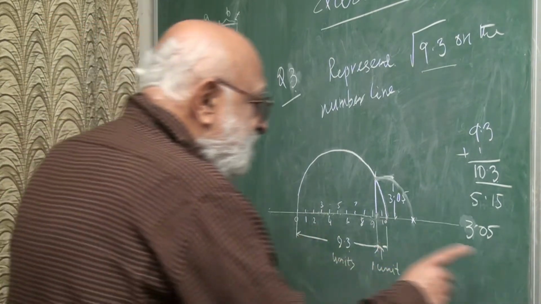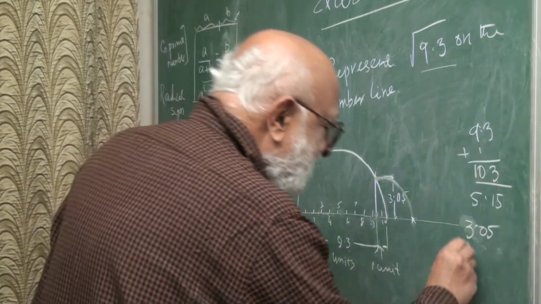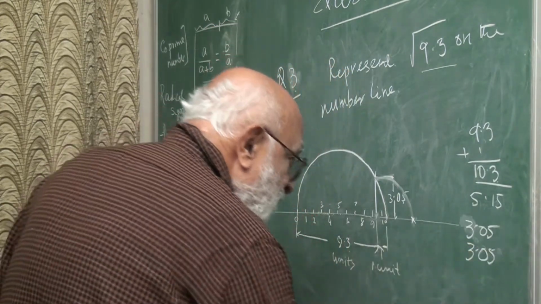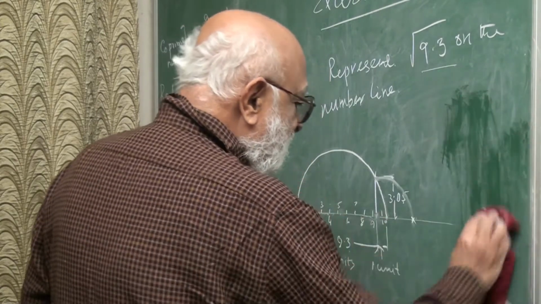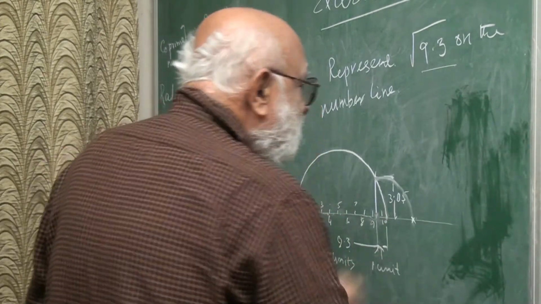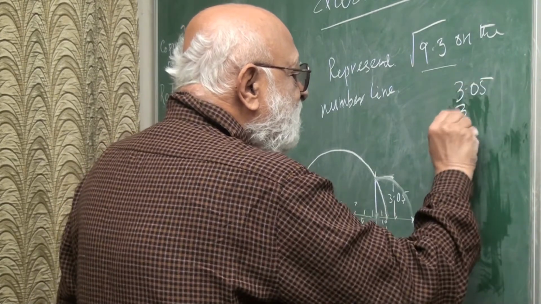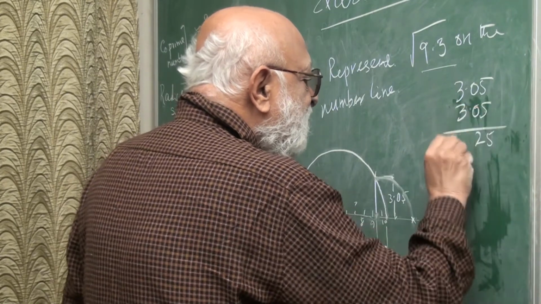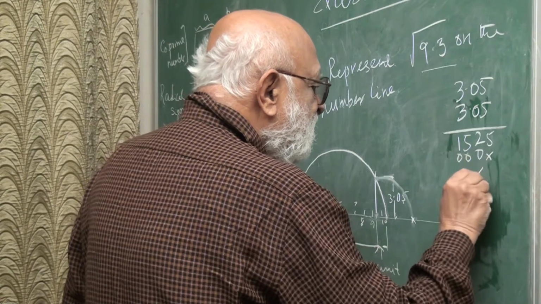Now let us see, if I multiply 3.05 by 3.05, whether I get this. Let us multiply. 3.05 into 3.05. 25, 15, 0.